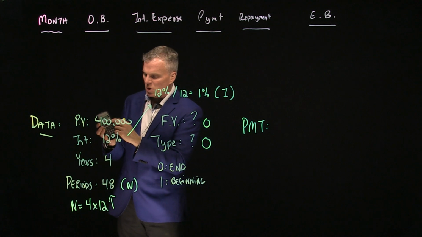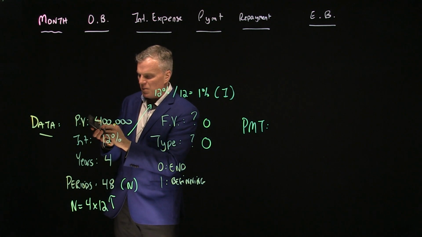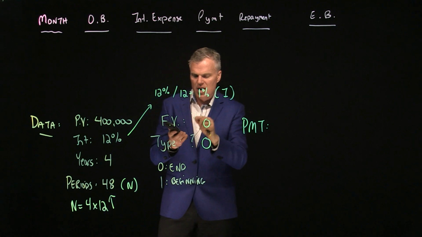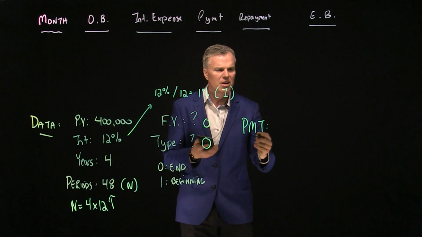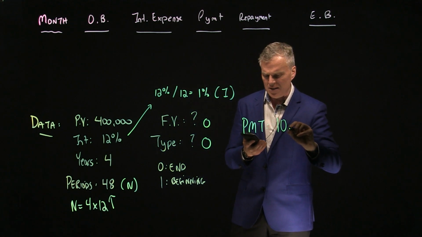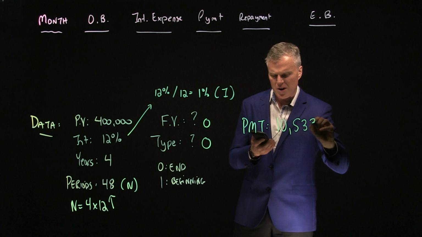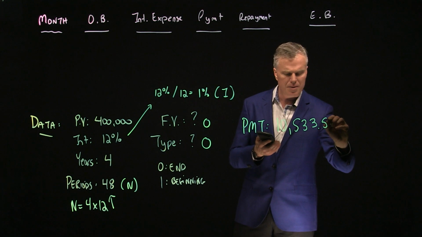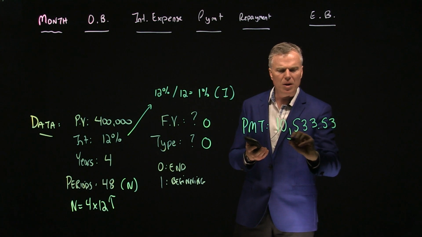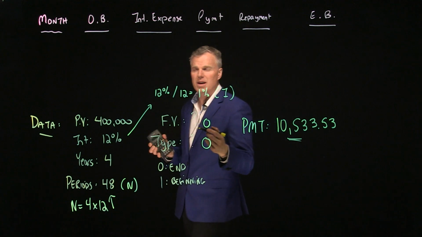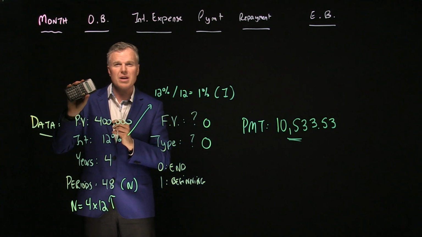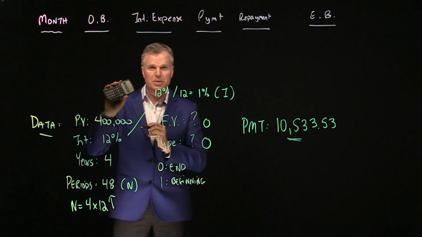Then I'm going to hit compute payment, CPT, PMT, and I get a value of 10,533.53. Now remember, I'm going to show you how to do this in Excel, so you don't even have to use a calculator, but it's a good idea to know how to do both.